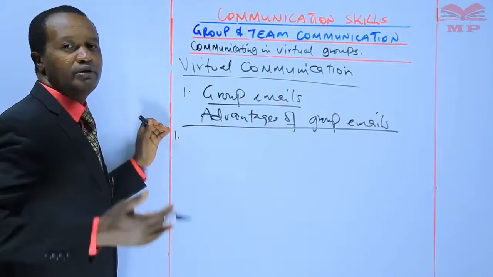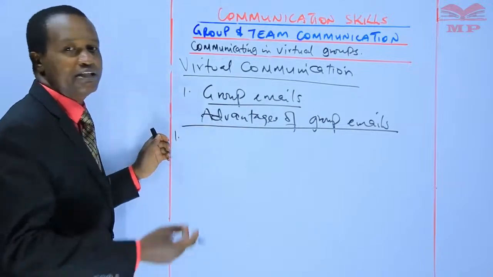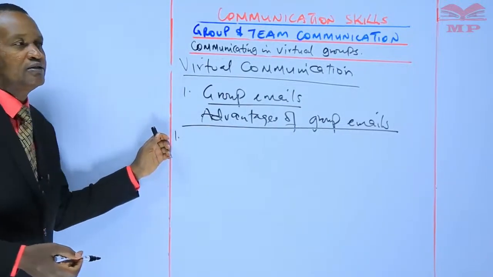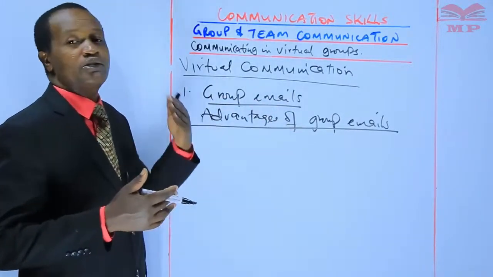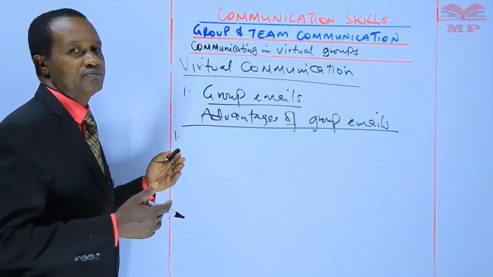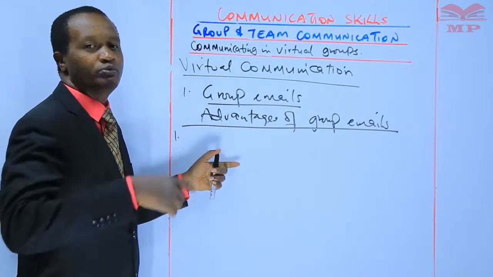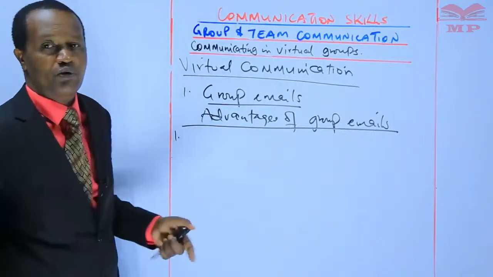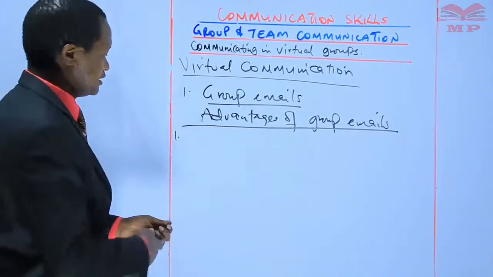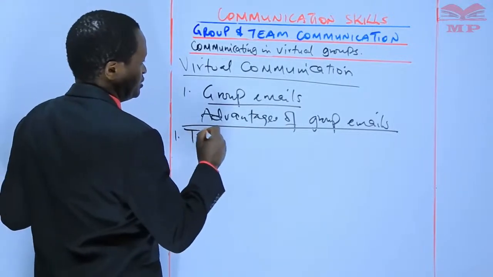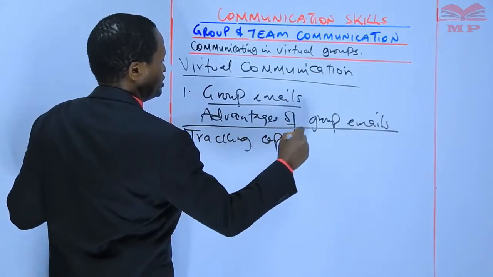Because candidates, a group email list service can help out with the deliverability of messages. And it's possible to track what's being delivered and what is not being delivered. So that if there is anything that is not being delivered, the group administrators can be informed. All right? Tracking capabilities.